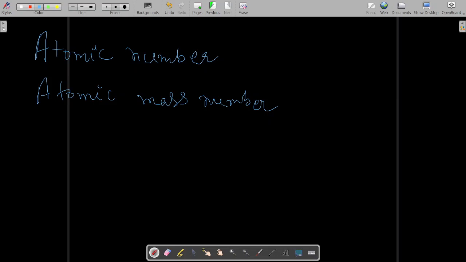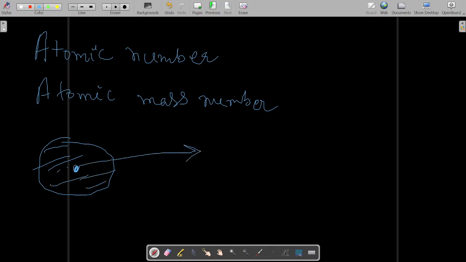So let us think classically right now. Suppose this whole thing is the atom and that dotted thing in the center is the nucleus. So what will be the atomic number?